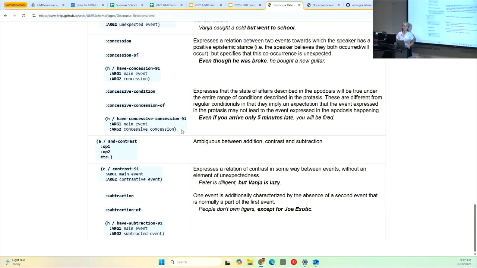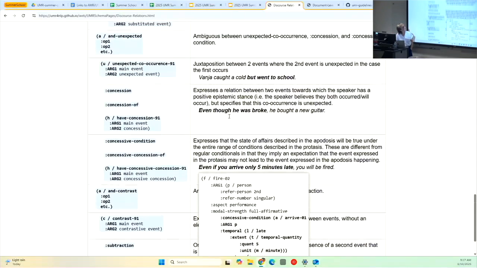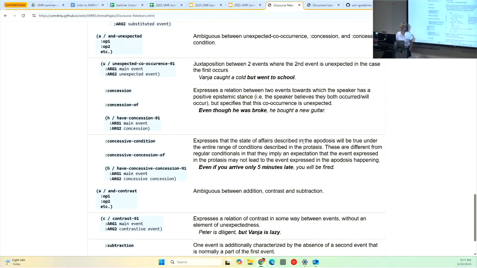But you can also establish discourse relations at the document level between sentences. What would be a good example?